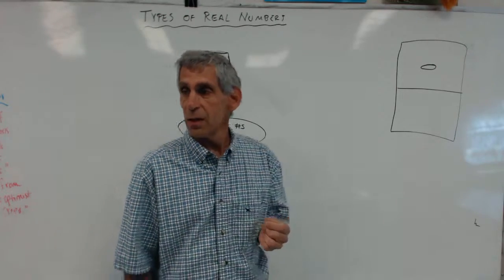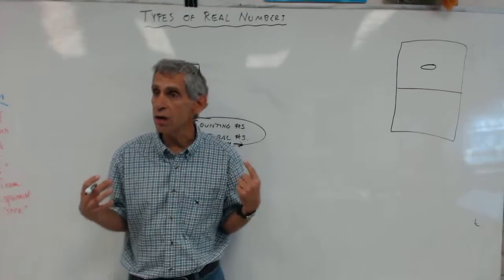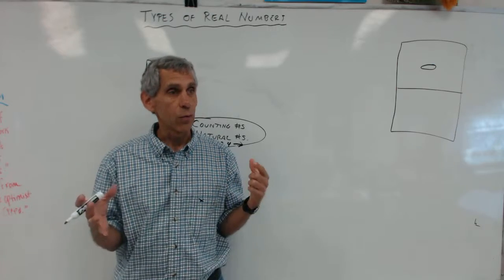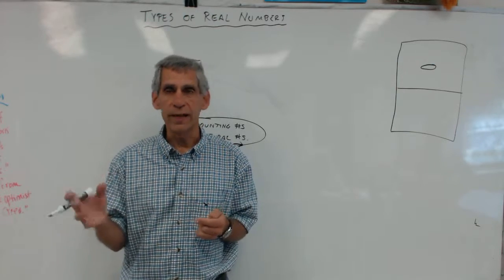So the cool thing is, it was a long time throughout history that we did not have such a thing as a 0. I don't even know the dates, I'd have to look it up.